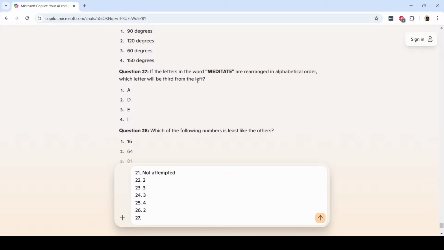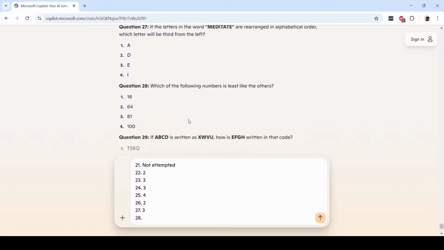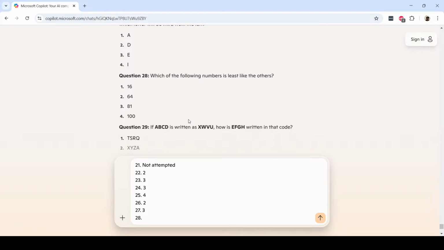So the letters in the word meditate are rearranged in alphabetical order, which letter will be third from the left? So A, then D, and E. So we have E. Which of the following numbers is least like the others?